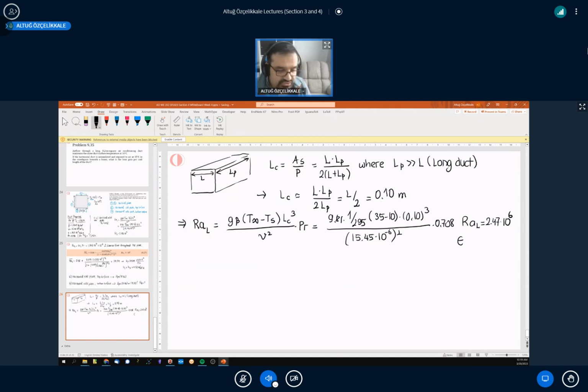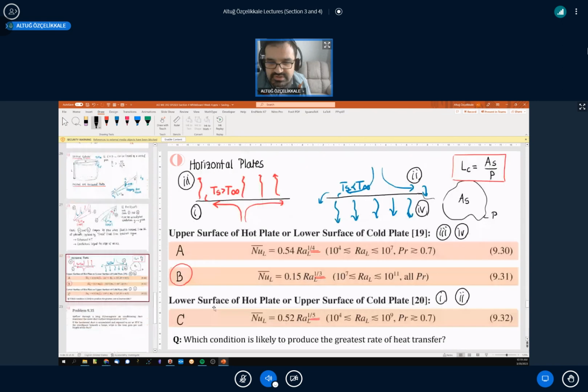That's within the range of 10 to the power 4, 10 to the power 7. So we are going to be using equation 9.32 for surface 2, because that's the only choice we have. Now let's check the range still. So it is between 10 to the power 4 and 10 to the power 9.